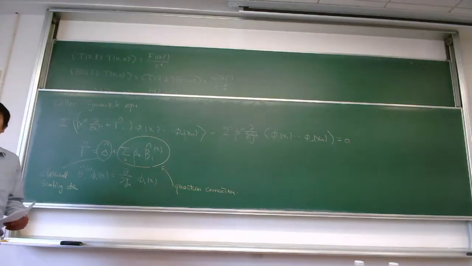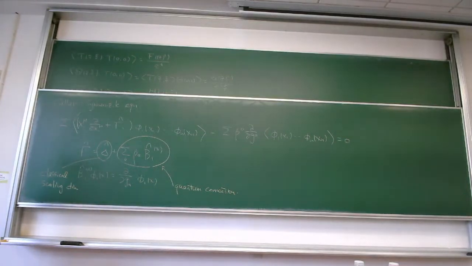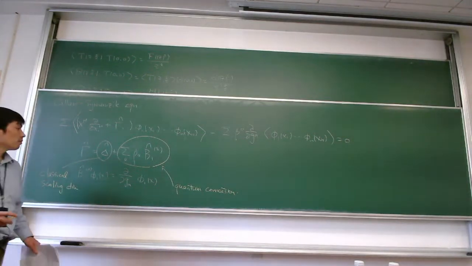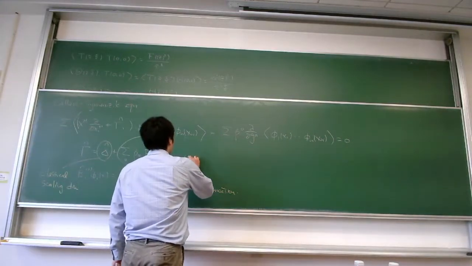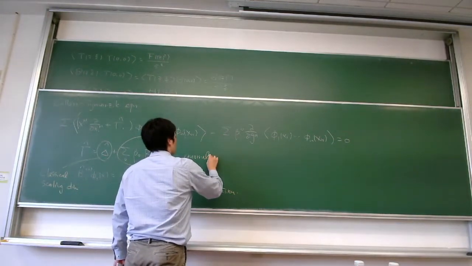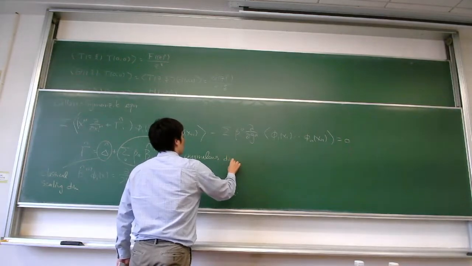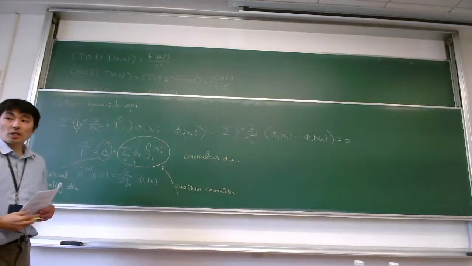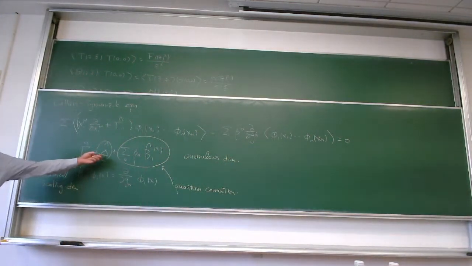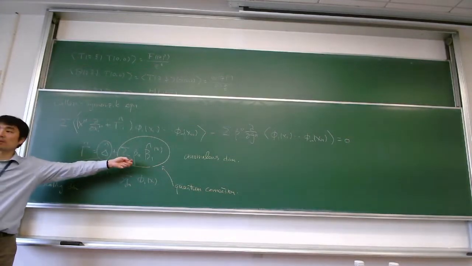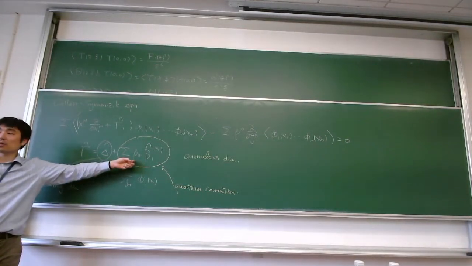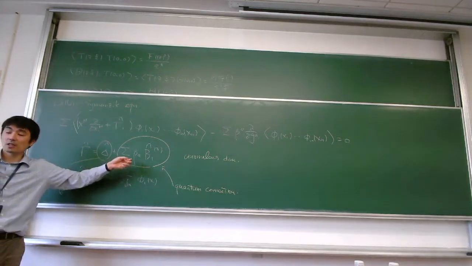So quantum correction acts on the operator. Therefore, this is called the anomalous dimension, because it measures the deviation from the classical dimension by quantum correction. That's why it's called anomalous dimension.